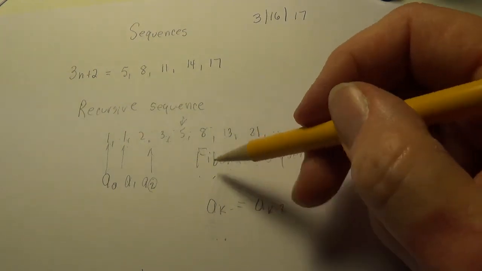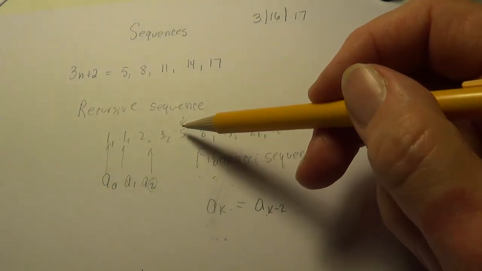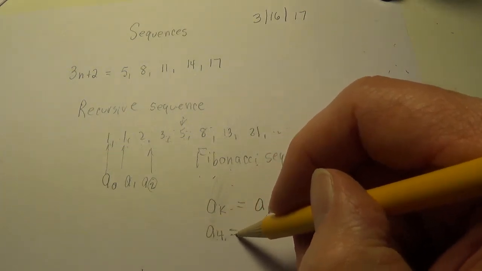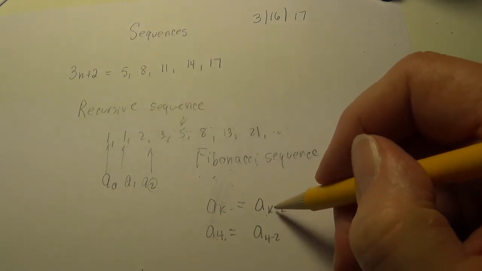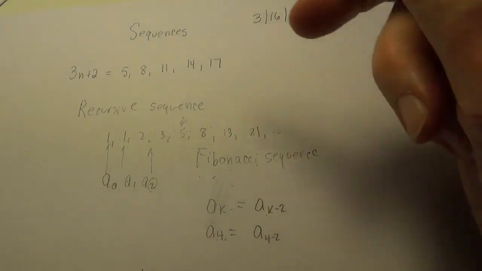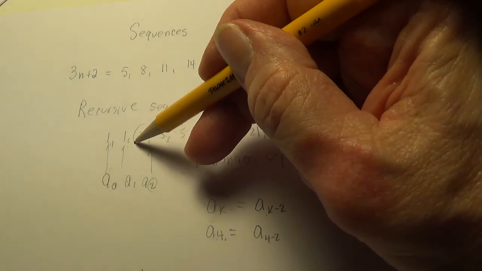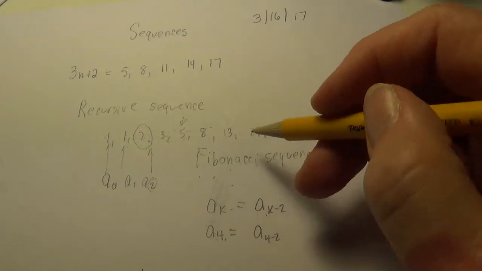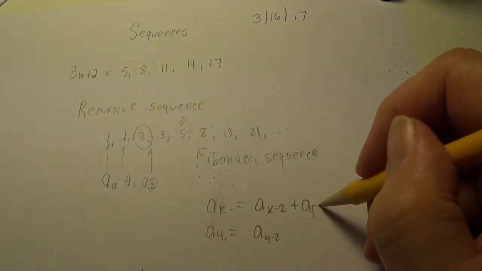So for instance, if I want a sub 4, that means k is 4 for this discussion, then k minus 2 becomes 4 minus 2, which is a sub 2. So if I want a sub 4, I've got to go back and grab a sub 2. Remember, this was a sub 0, a sub 1, a sub 2, plus a sub, what am I going to put here?